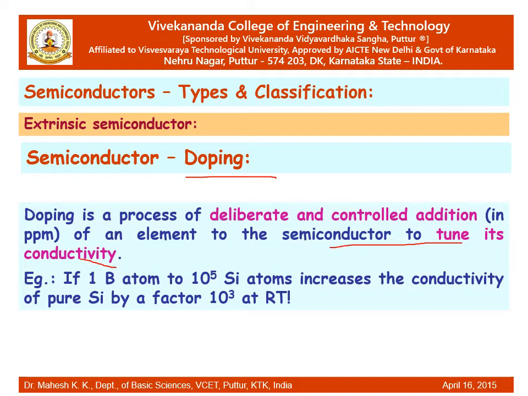For example, if one boron atom is added to 10 to the power 5 silicon atoms, it increases the conductivity of pure silicon by a factor of 10 to the power 3, almost 1000 times at room temperature.